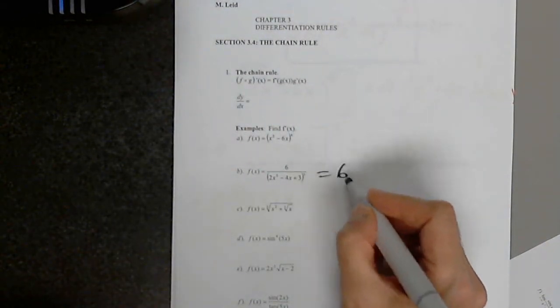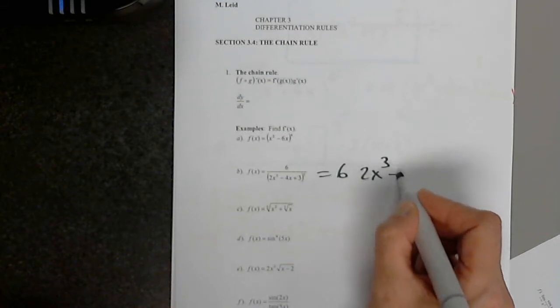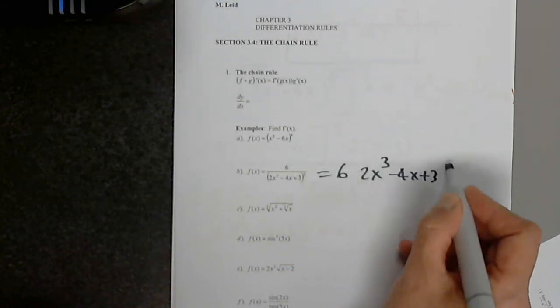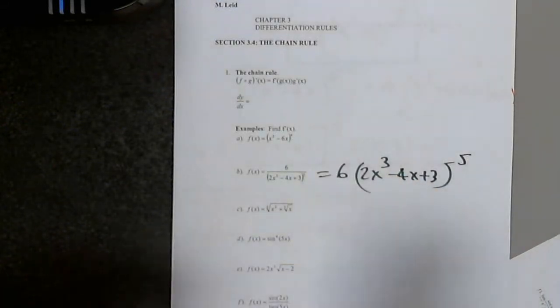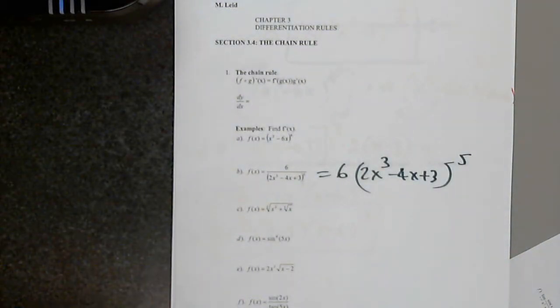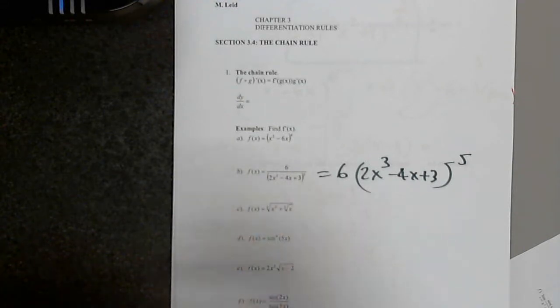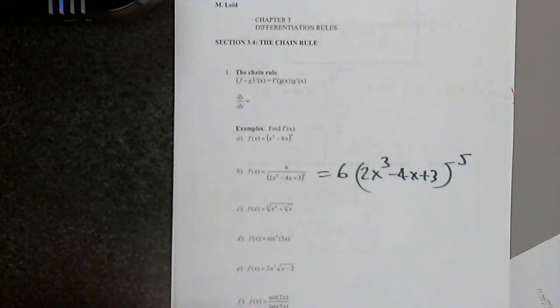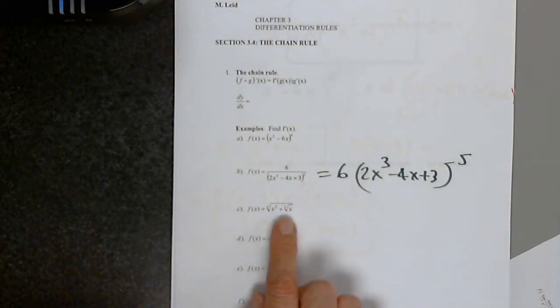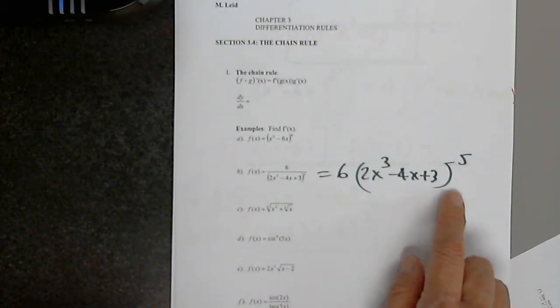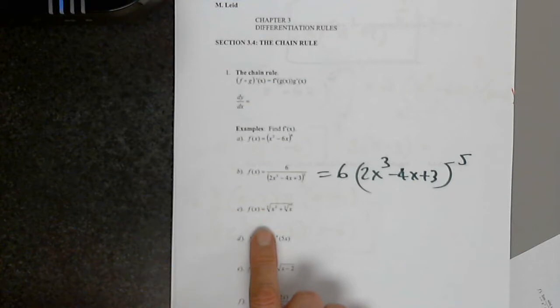This will be changed into 6 times x to the 3rd minus 4x plus 3 raised to negative 5, and it's basically the same thing, times the inner function prime. This one looks awful, right? Can we handle this one, or do we move on to C?